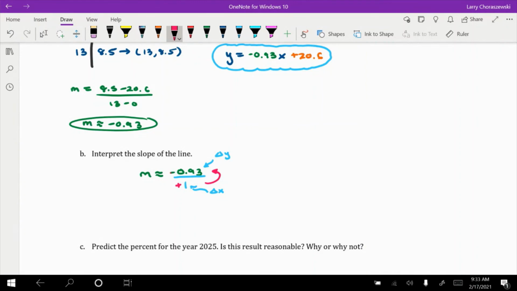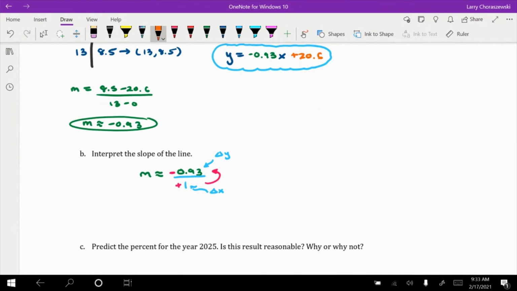The reason it would be decreasing is because the number in the numerator is negative. If you think about plotting the line using rise over run, we'd go down by 0.93 and then to the right by 1. That's an indication that for each year we increase, the percent goes down by roughly 0.93%.